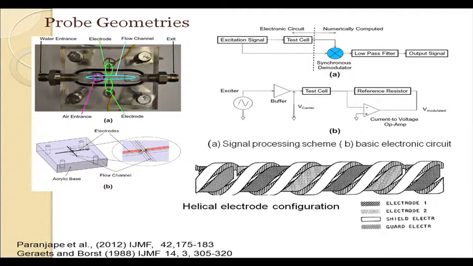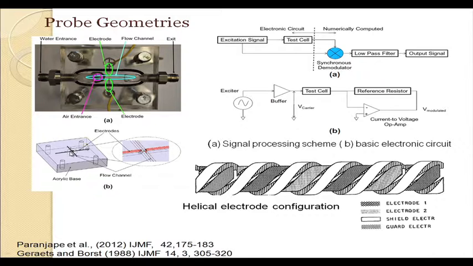And so a variation of this arc electrode probe has been used by this particular group of researchers. What they have done is they have used a rectangular microchannel, and in this rectangular microchannel they have used two stainless steel electrodes which are embedded in the base plates.